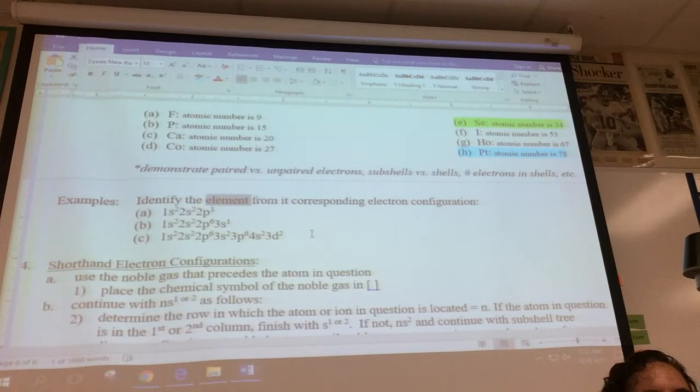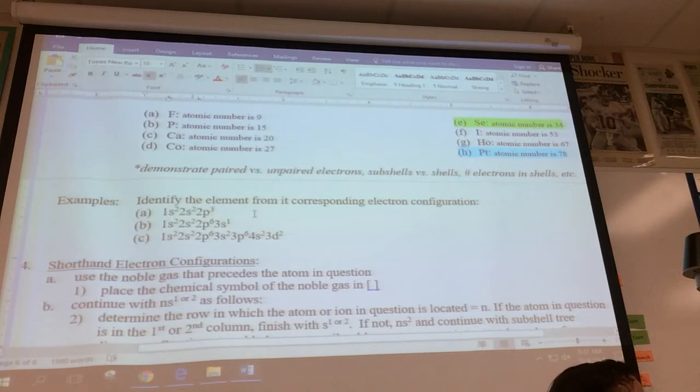Brian? Exactly. Get the sum of the exponents. 2 and 2 is 4 and 3 more is 7. So this has an atomic number of 7. And that would correspond with nitrogen.